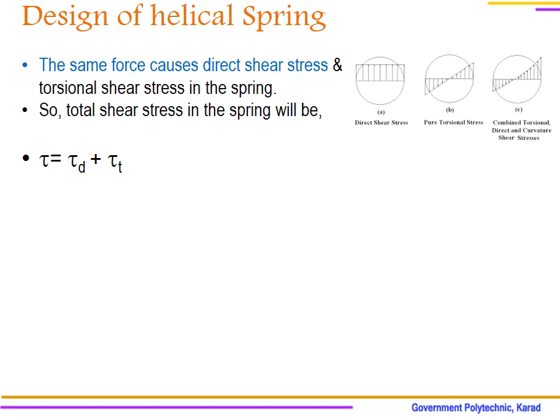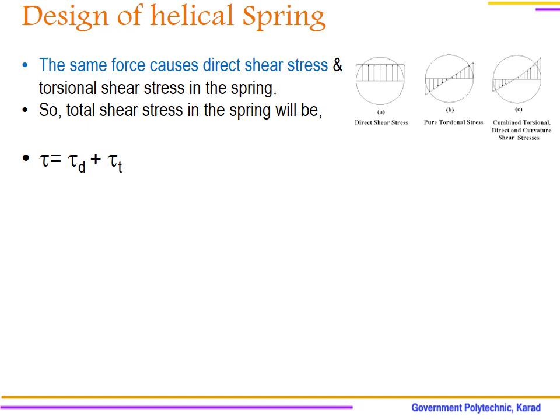So the addition of both stresses, that is the combined torsional and direct shear stress, is shown in diagram C. So what is done? Graphically both stresses are added. So this stress tau d at the inside surface plus this torsional shear stress at the inner surface, if we add, both are in the same direction, so addition is there.